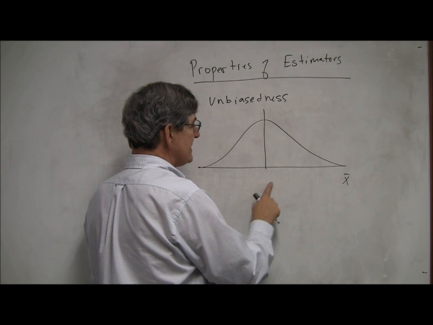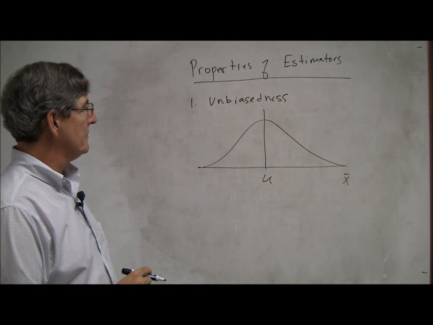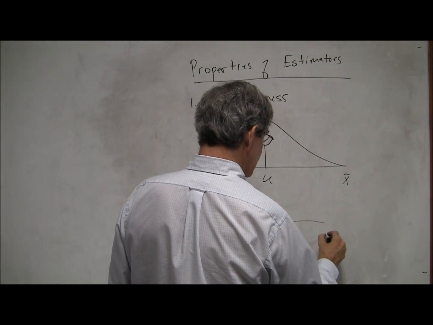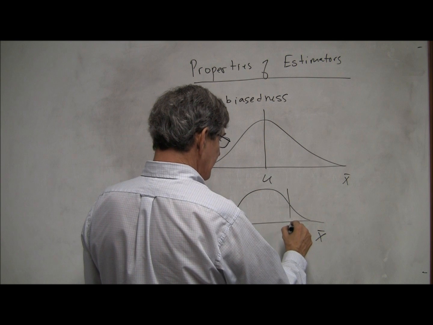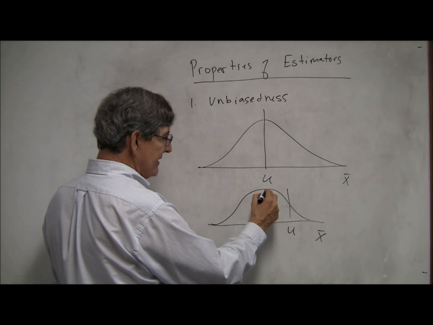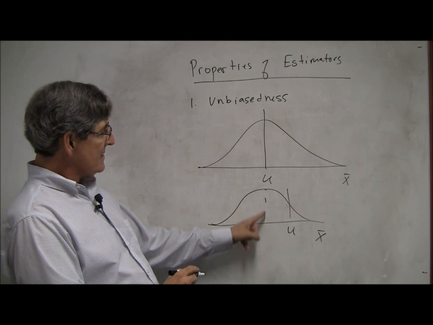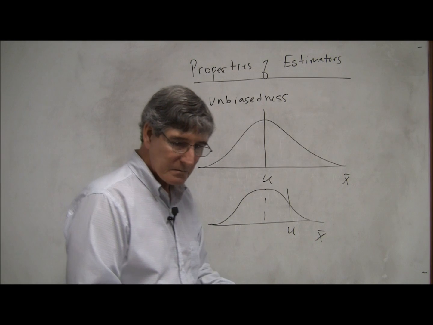And it's unbiased if that mean is equal to mu. If it looks like this, here's the distribution of x bar in the population, and the true mean is out there, so the average value is something else, that would be biased. Because on average, x bar is not the true value.